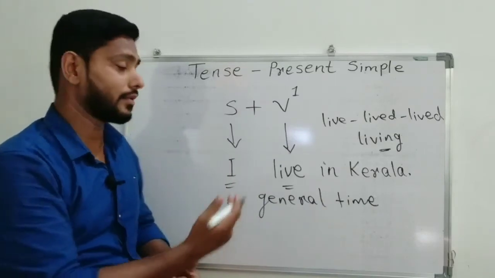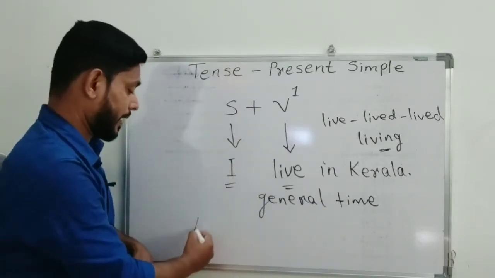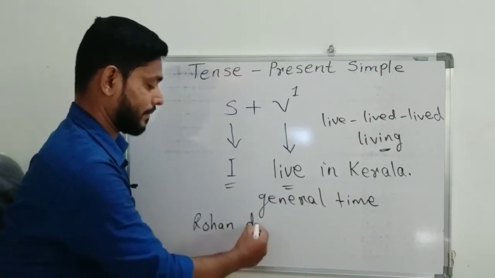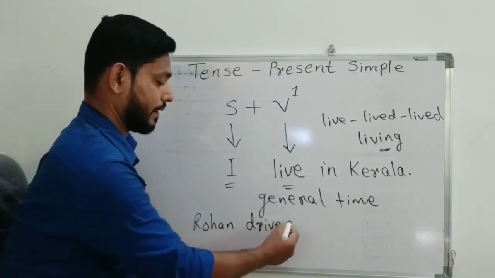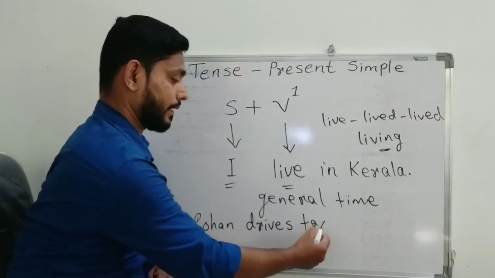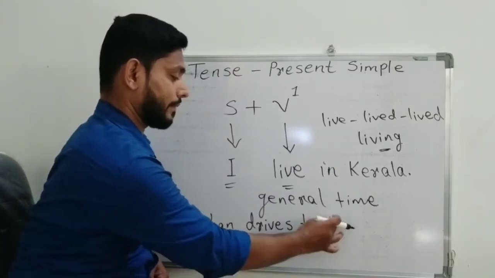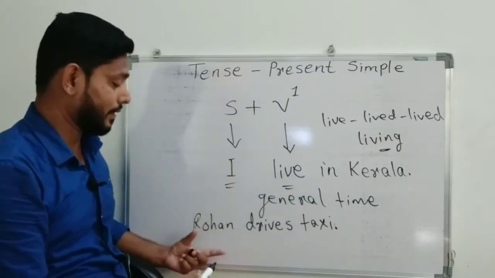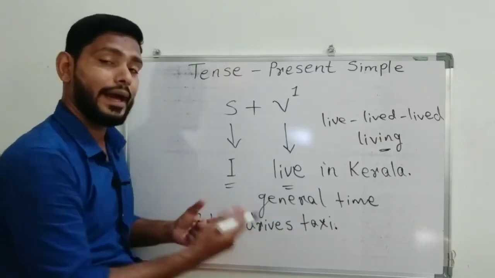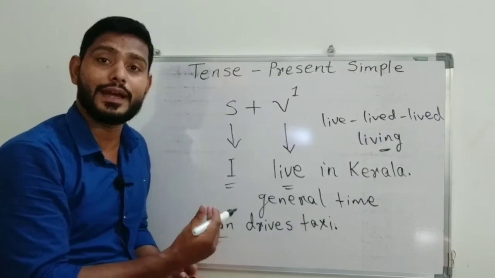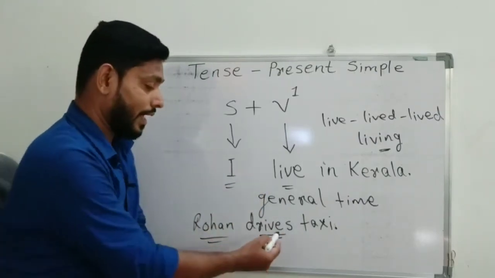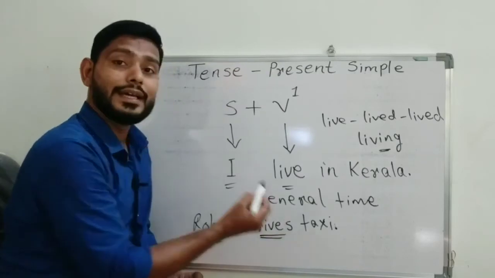Let's see some examples. Like, the subject here I use is Rohan drives a taxi. Okay, so in this sentence the subject is Rohan, and the form of the verb, maybe this is a little bit confusing to you, because after the verb I have used s.